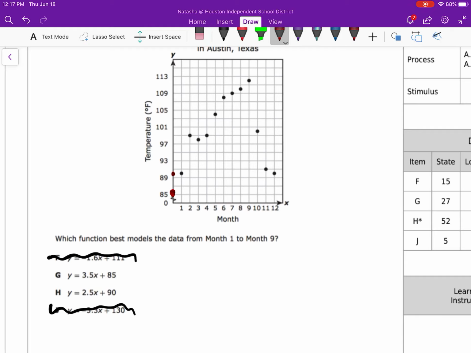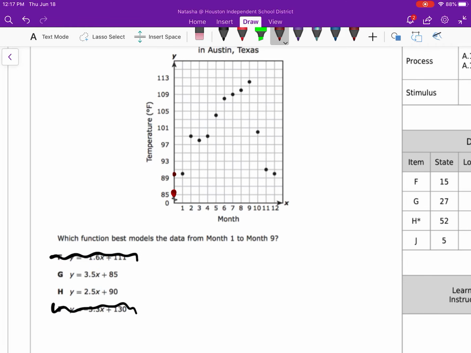That's going to be hard to put on the graph. 3.5 is going to give me a steeper slope. So if I start at 85 and I have a slope of 3.5, that's going to give me a steeper slope, which is going to end up not really hitting my points.